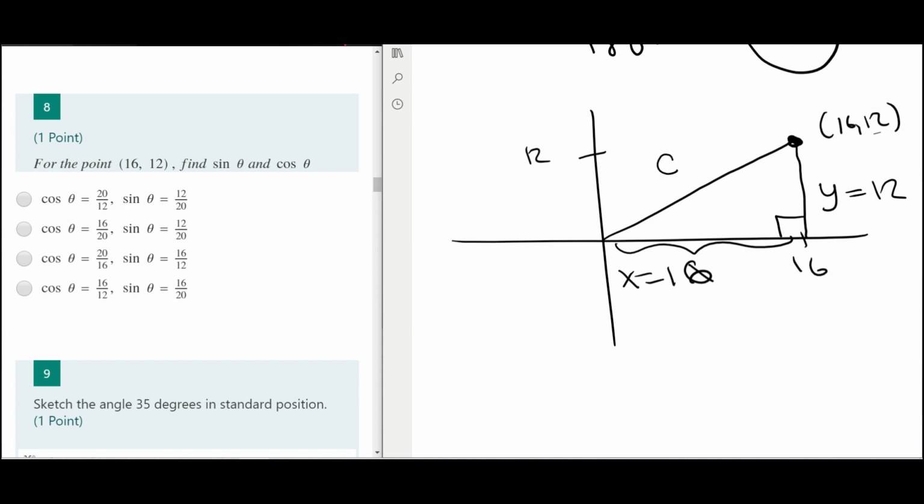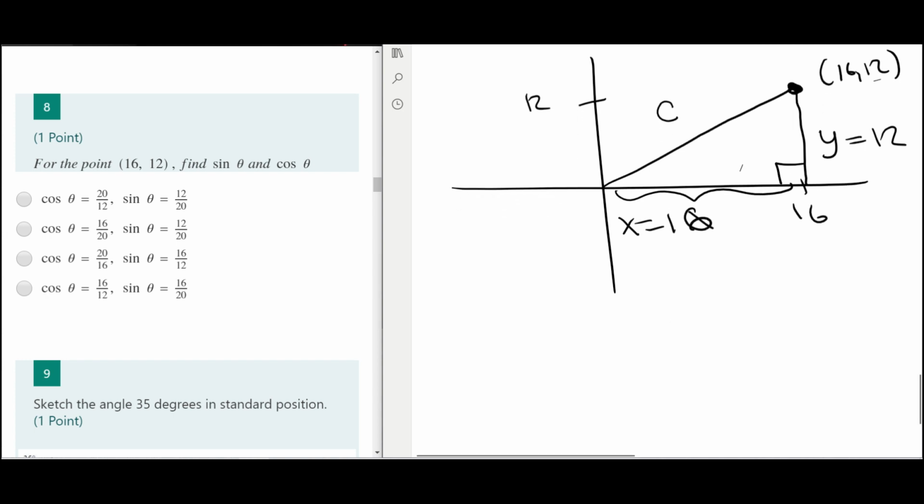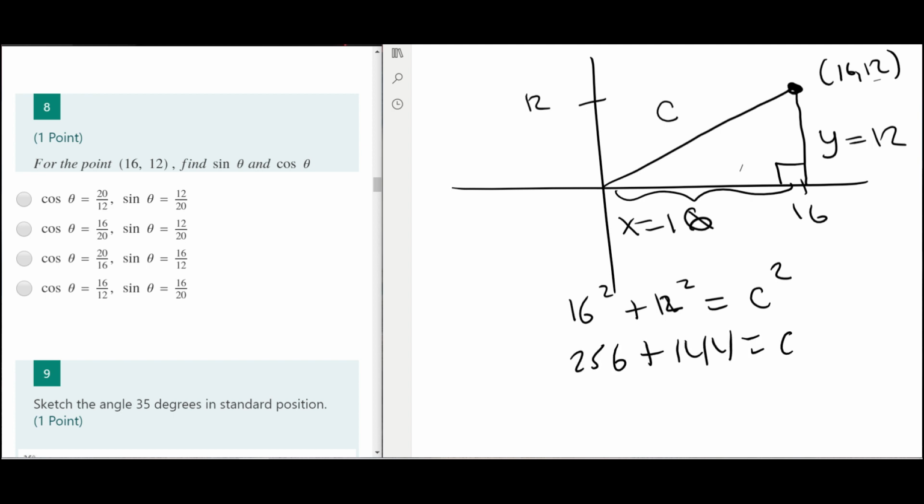We're going to call this c. Okay, so we got a right triangle here. We can use the Pythagorean theorem. So we have a squared plus b squared equals c squared, right? So 16 squared plus 12 squared equals c squared. And then we got to do the math here. We got to do 16 times 16, which is 256, plus 144 equals c squared.